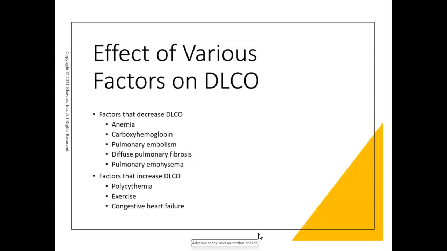Typically, because of some of these factors, we usually like to report this with a hemoglobin level. You'll either get a hemoglobin level, or there are non-invasive hemoglobin measurements. Most labs will have a non-invasive finger probe that they'll put on and get a hemoglobin, or the patient will get an ABG with a hemoglobin during testing.